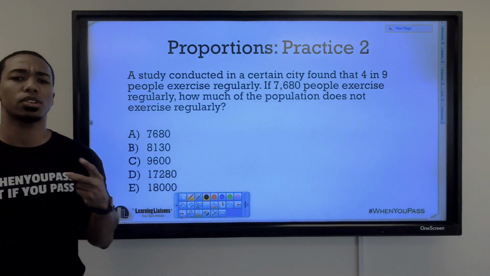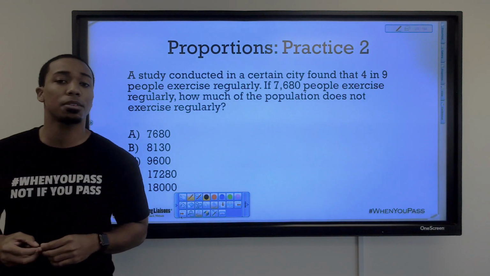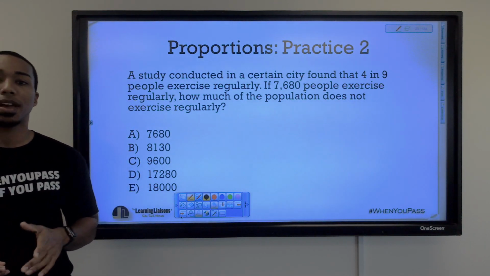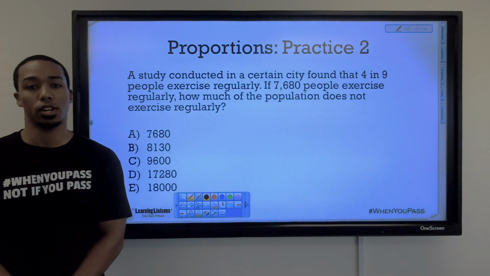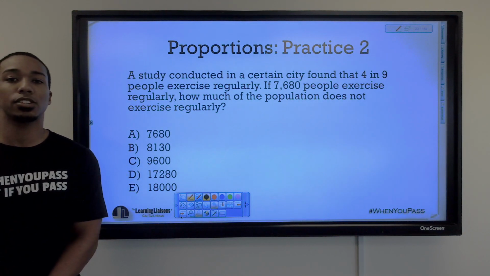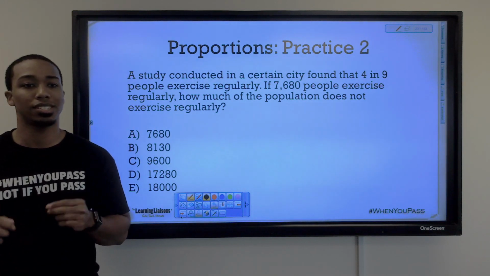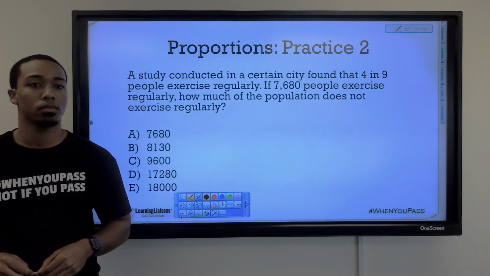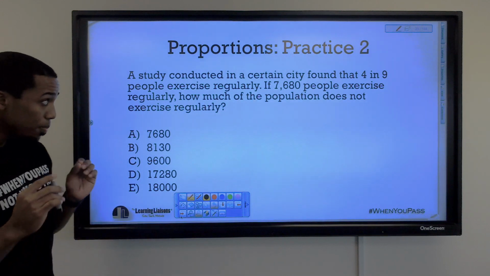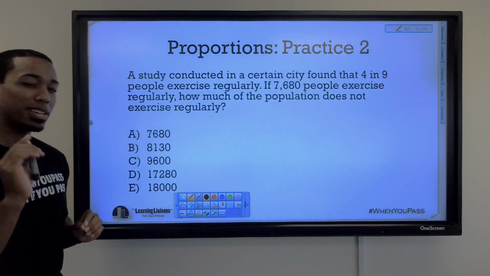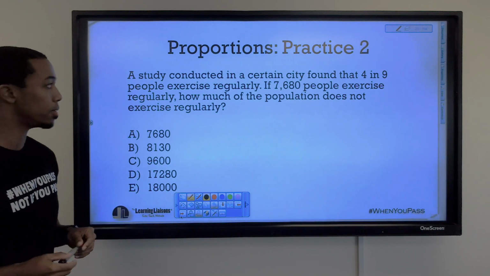But let's go ahead and dive right into our second example problem, which is the second pre-quiz question that you dealt with. A study conducted in a certain city found that 4 in 9 people exercise regularly. If 7,680 people exercise regularly, how much of the population does not exercise regularly? All right, cool. So here is where we're going to need to be very, very careful about our setup, because this is why marking your information is important.